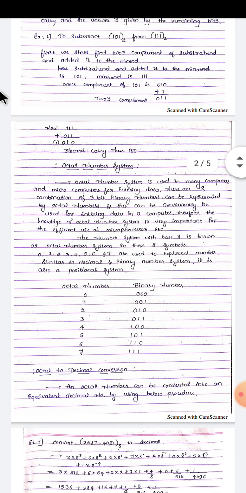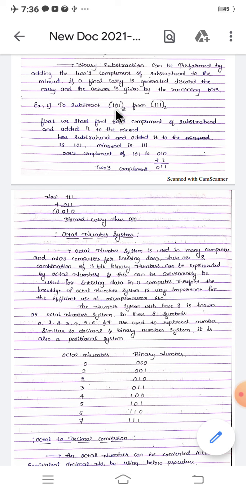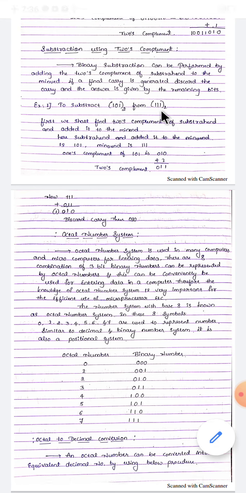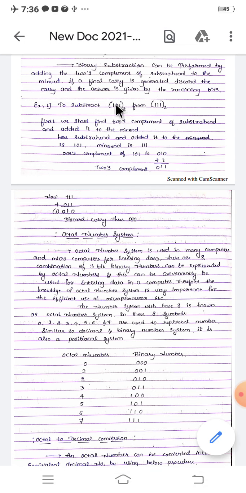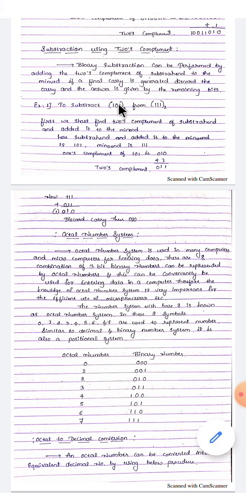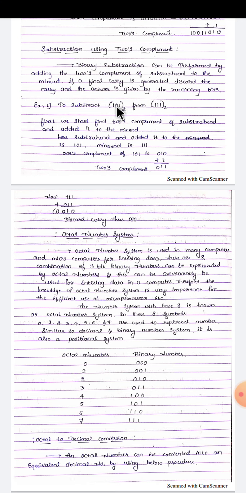So what is the example? Subtraction using 2's complement: 101 from 111. So what do we have to do here? First, this is the subtrahend, this is the minuend. First we have to find the 2's complement of this subtrahend. The 2's complement means first take the 1's complement, that is, wherever there is 0 change it to 1, and wherever there is 1 change it to 0.